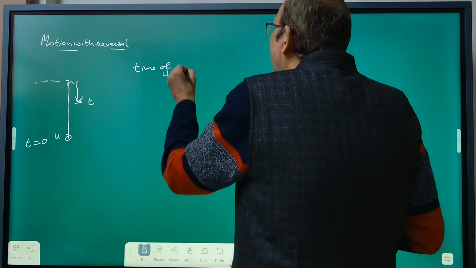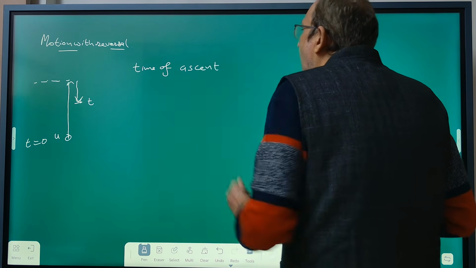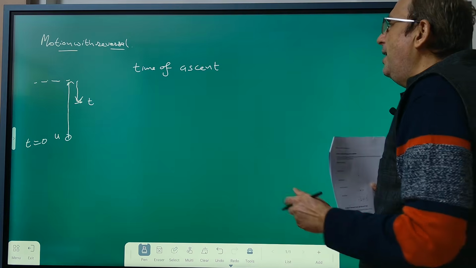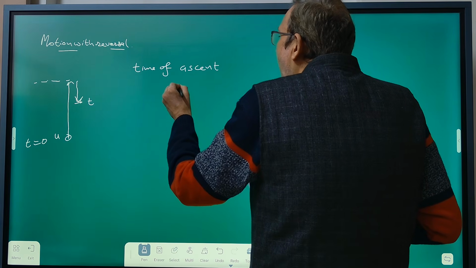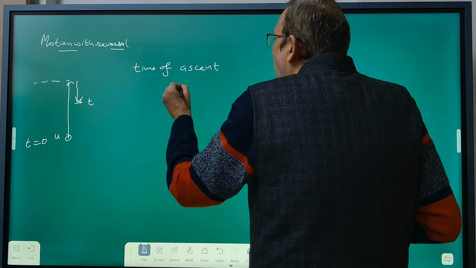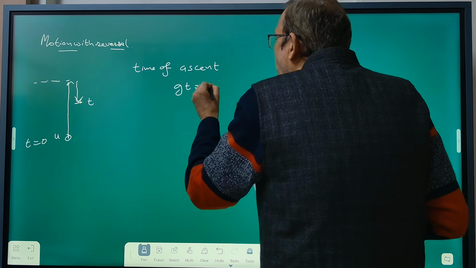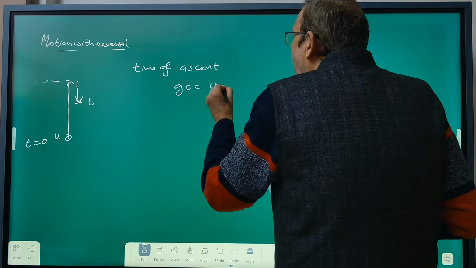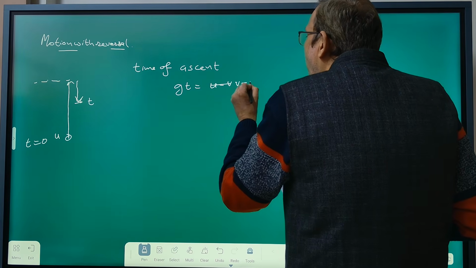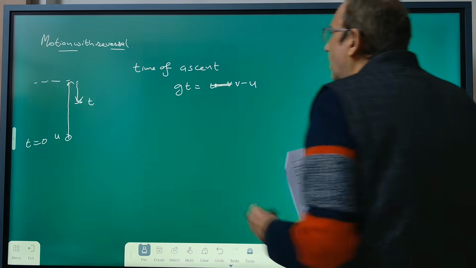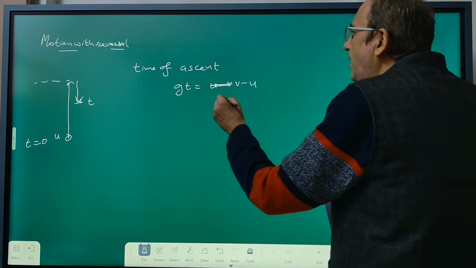The time of ascent would be given by simply this. You know that the acceleration is g, so gt is equal to v minus u, and v is 0.